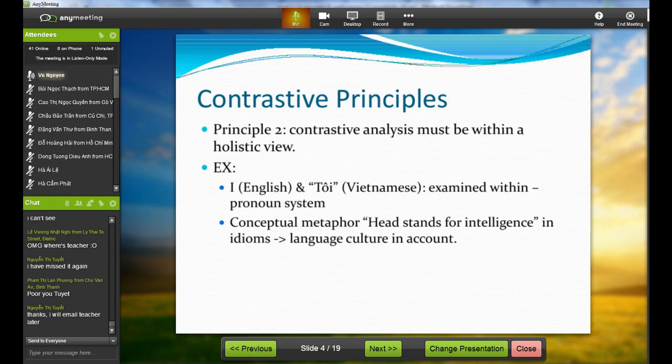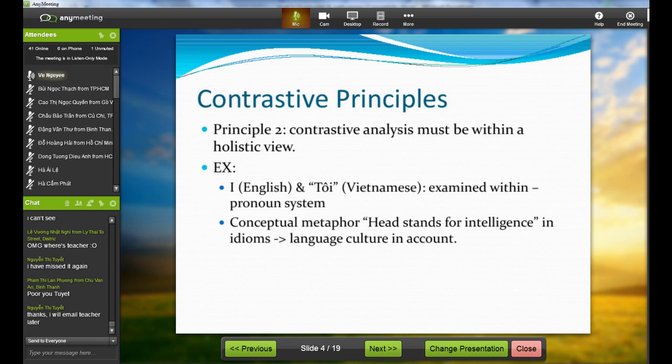If you look at this idiom from that perspective, you may find out that there is a key difference, not only in language structure, but also in the culture of the two speech communities.